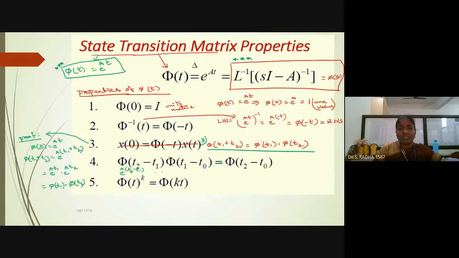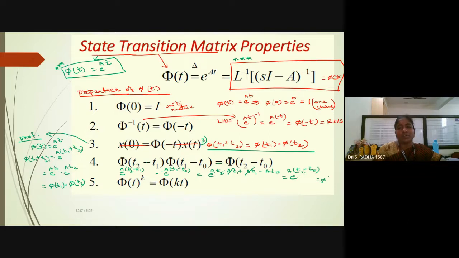Now in that case, I am putting here e power a, and in the place of t, t1 minus t0. When you combine them, base is same, powers you can just add: at2 minus at1 plus at1 minus at0. Here plus at1 minus at1 will get cancelled. E power a you can take common, and t2 minus t0 is present.